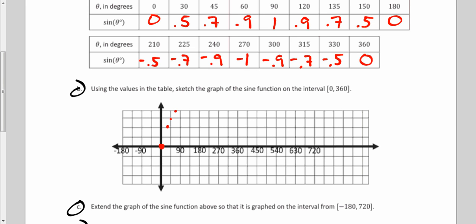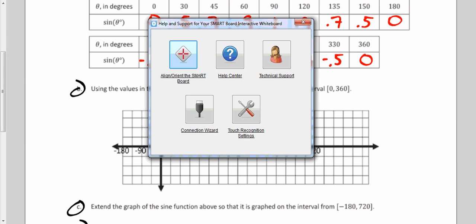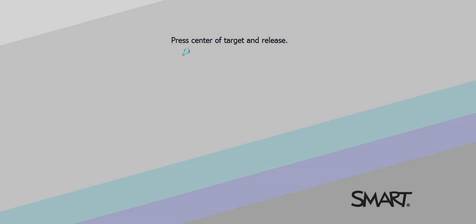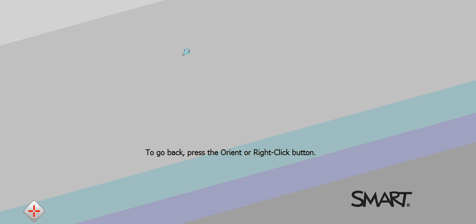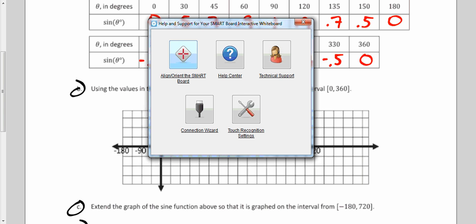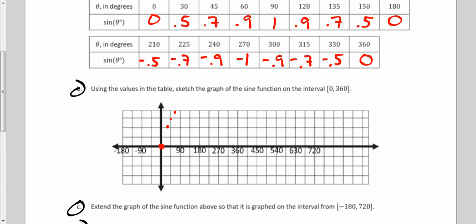So that's like right there. How do I calibrate this again? I need to calibrate, guys. I'm better with my finger. There we go. Now let's undo that and put, there we go.